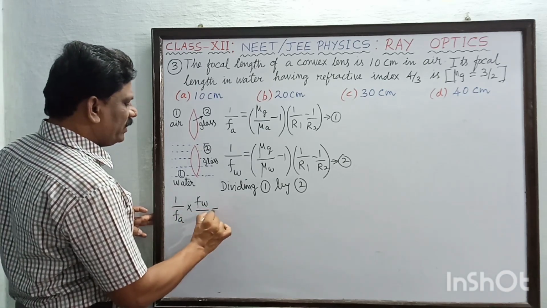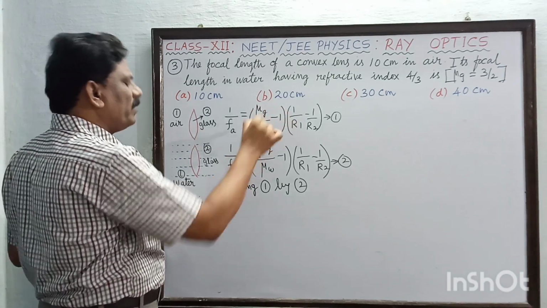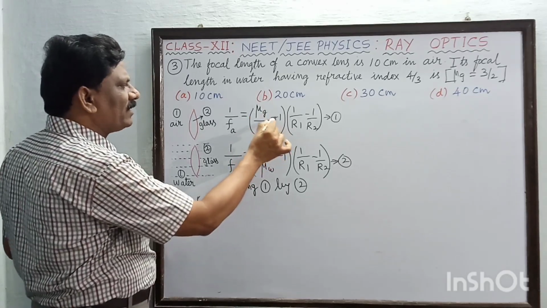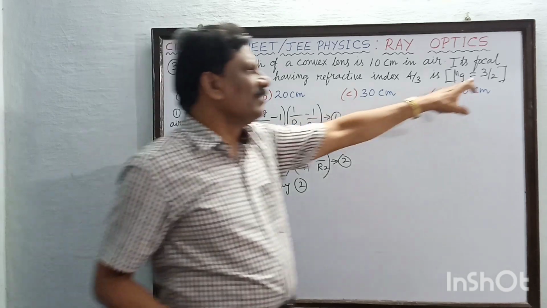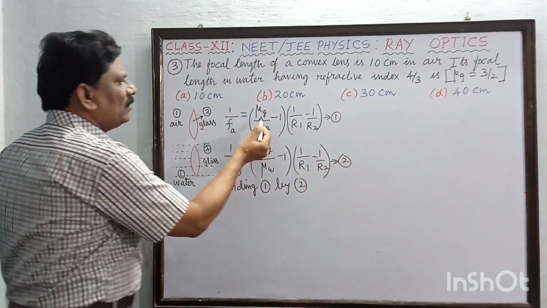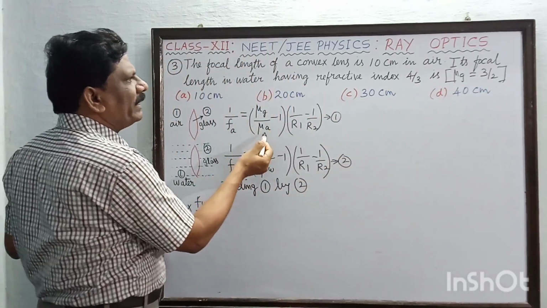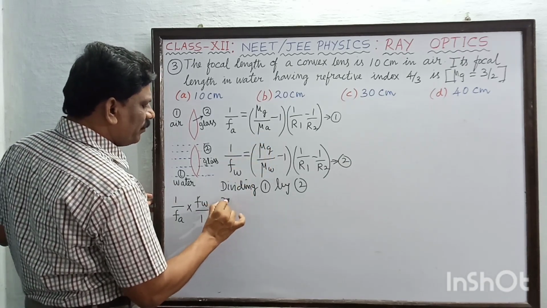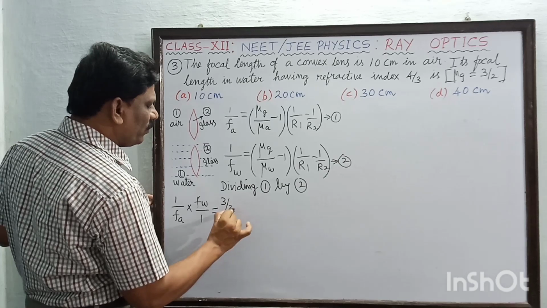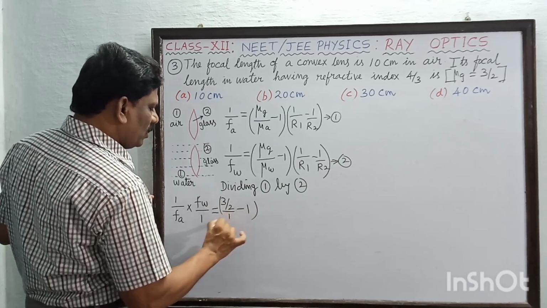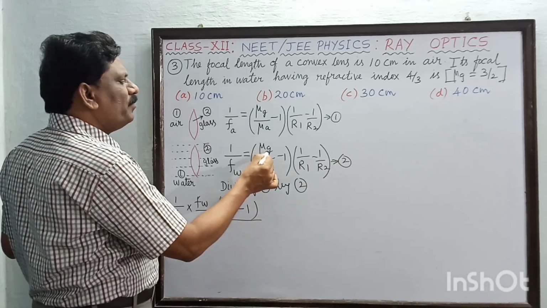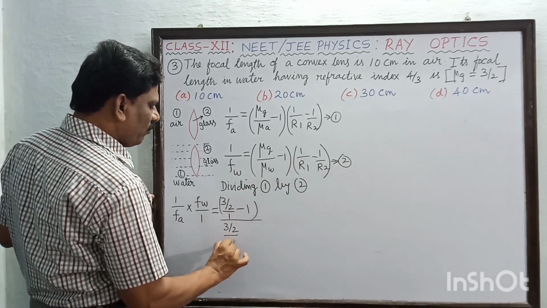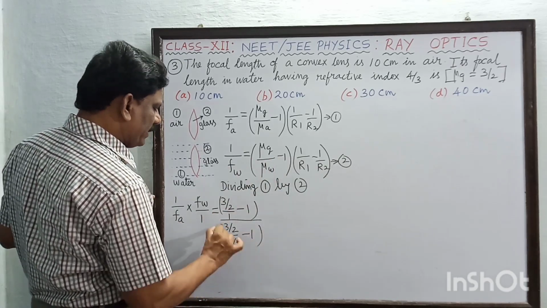On the right hand side, the numerator is mu glass by mu air minus 1. Mu glass is given as 3/2, so 3/2 divided by mu air, which is 1, minus 1, whole divided by mu glass 3/2 divided by 4/3 minus 1.